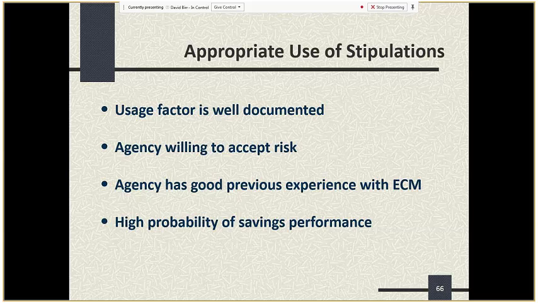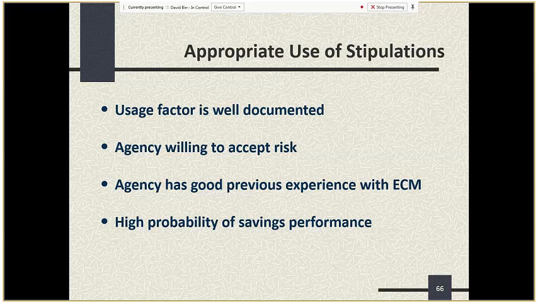Well, then it's appropriate to use a stipulation because it's not necessarily going to be dramatically changing. Also, if you have a high probability of savings performance, well, when you put in a more efficient light fixture, you have a pretty high likelihood of saving energy, when you go from one that's much more efficient. But that's just a simple example.